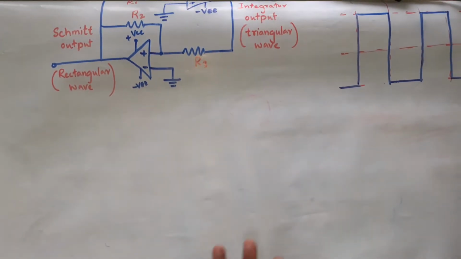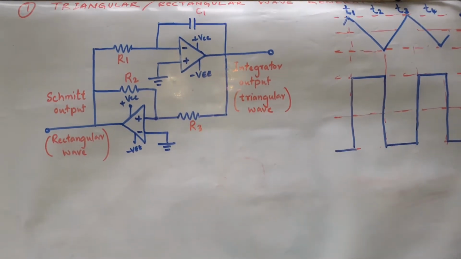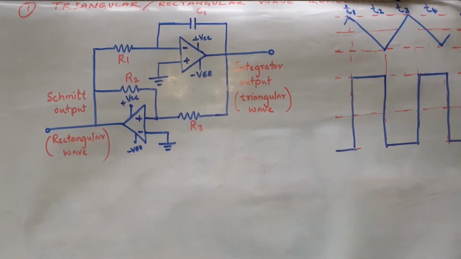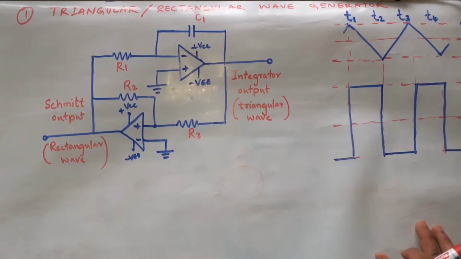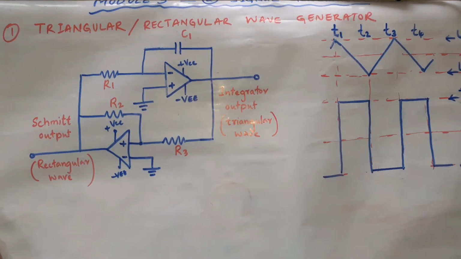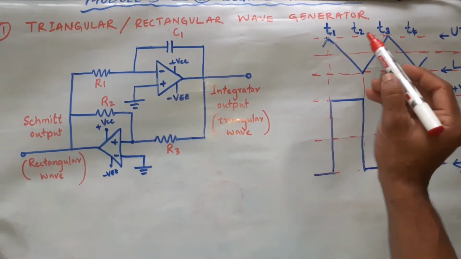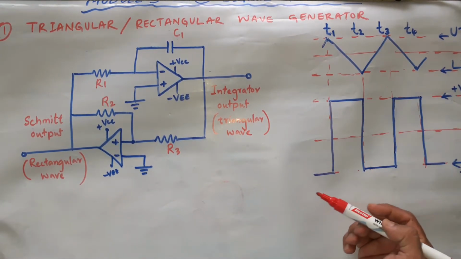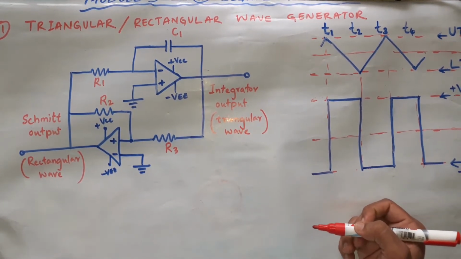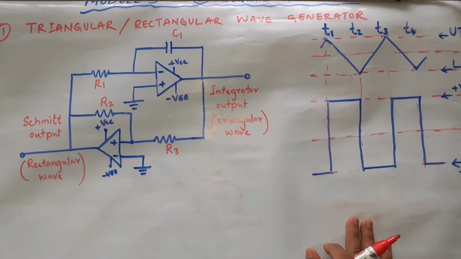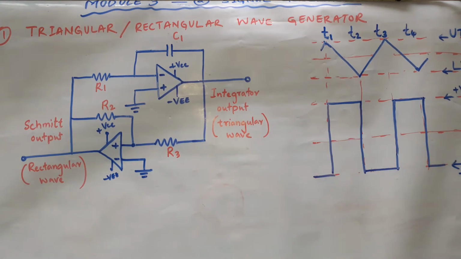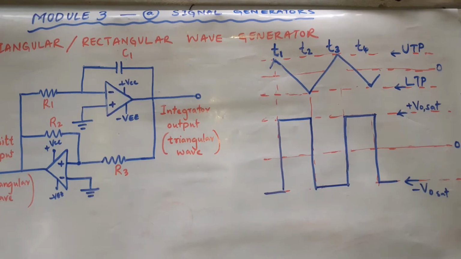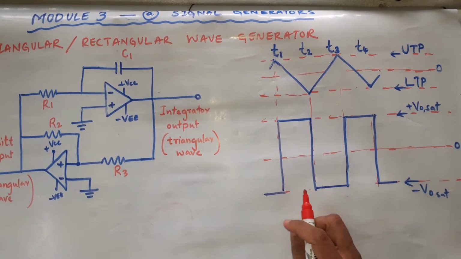Let us understand how the circuit works to produce this output. Let us analyze this circuit. For analysis I have marked the times T1, T2, T3, T4. We'll start with time T1.